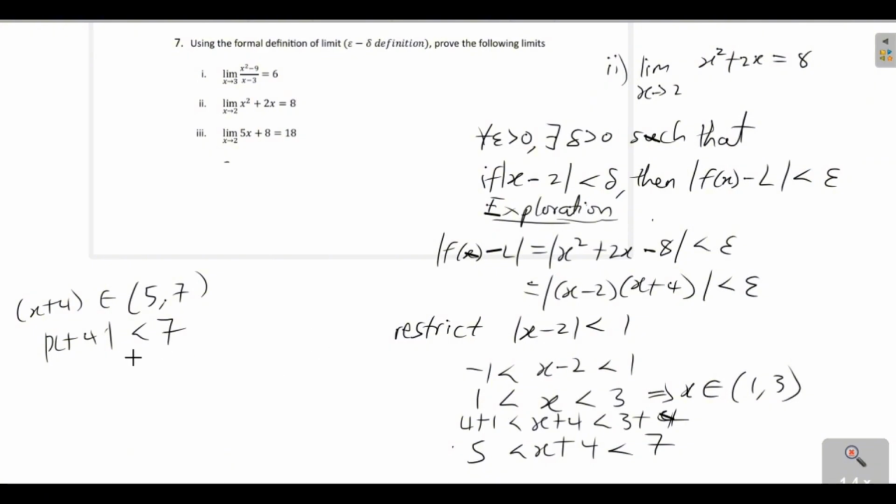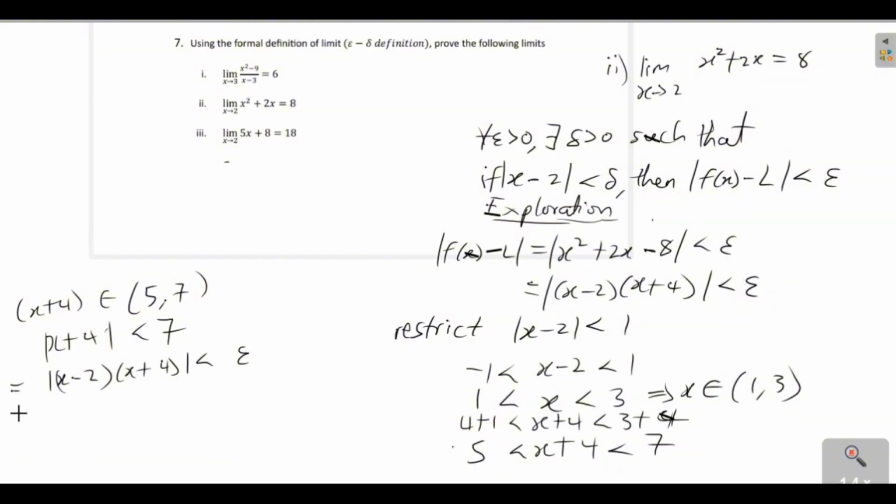So now that I have been able to bound x + 4, I can continue with my exploration. Okay, so let me continue from here. I have |x − 2| times |x + 4| to be less than epsilon, right?